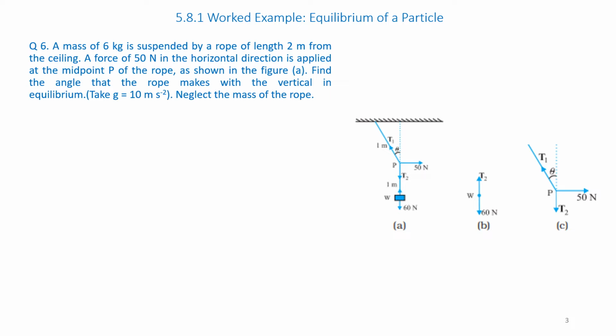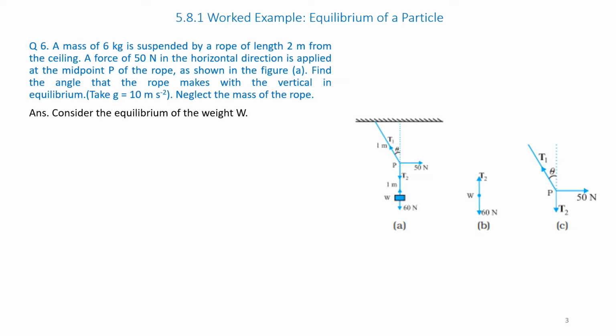So the three tensions acting at point P are shown in figure C. One is T1 due to the rope tied to the ceiling, the 50 newton force acting horizontally, and T2 acting downwards.